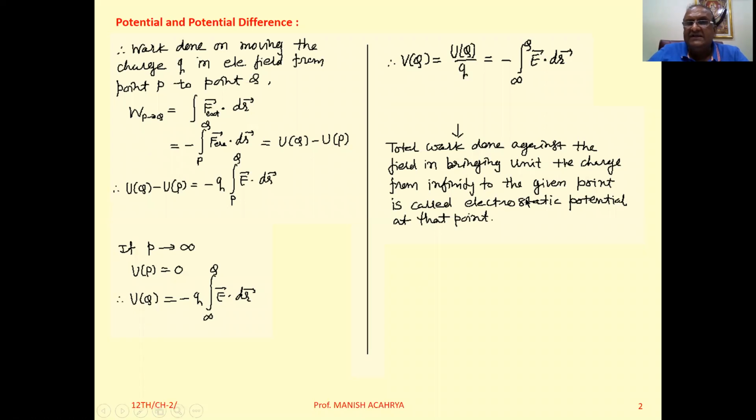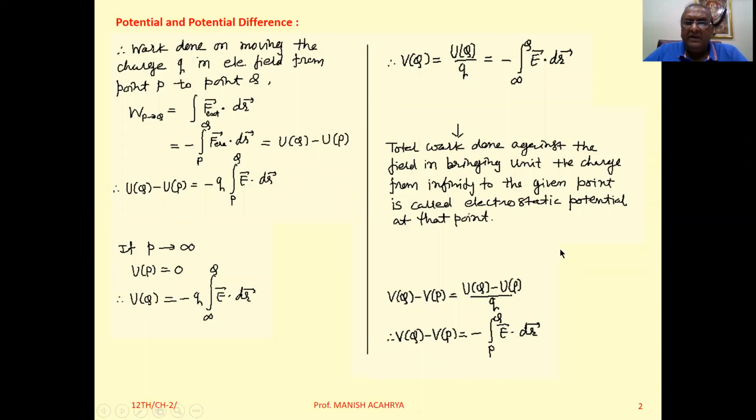So it is similar to gravitational potential. So we can say this is the definition of electrostatic potential at any point in the given electric field.